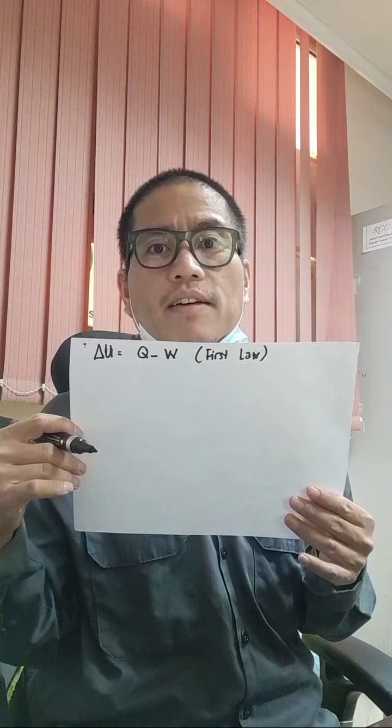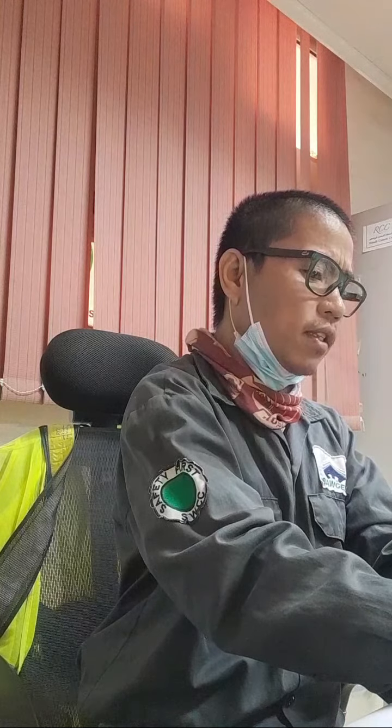We have also another formula, which is taken from the entropy formula. Delta G, the Gibbs free energy, is equal to delta U minus delta H, or we can say delta G is equal to delta U minus heat alone.